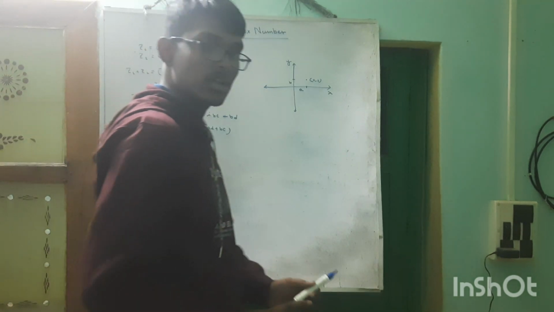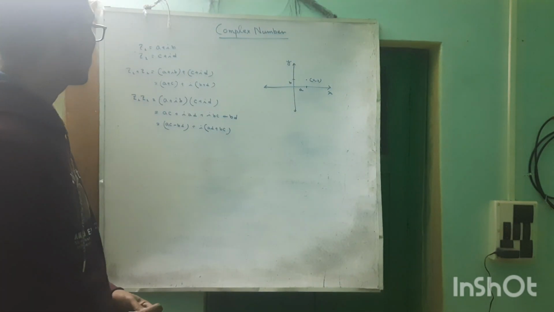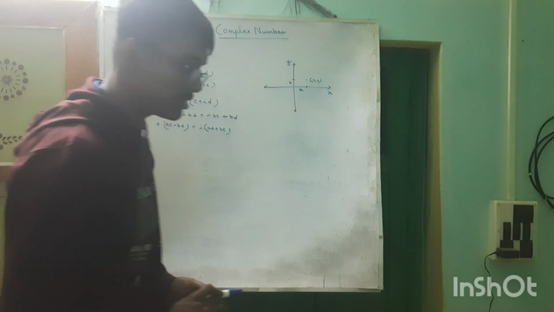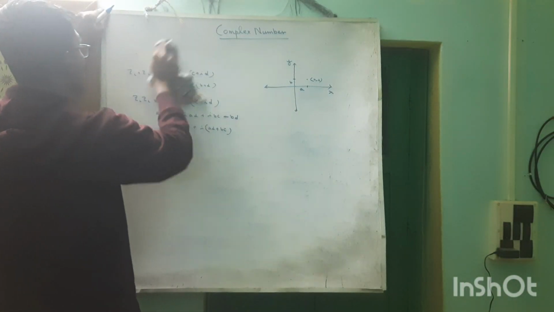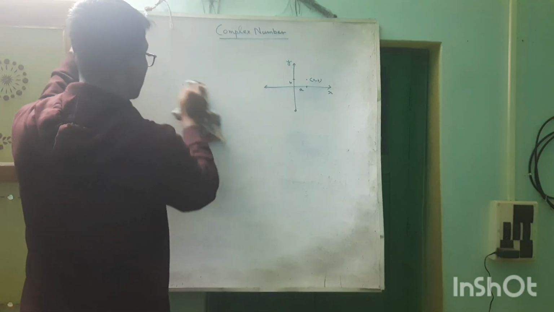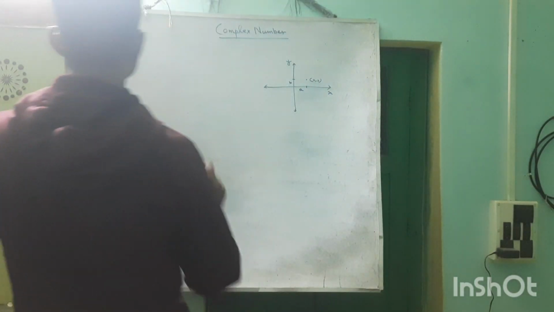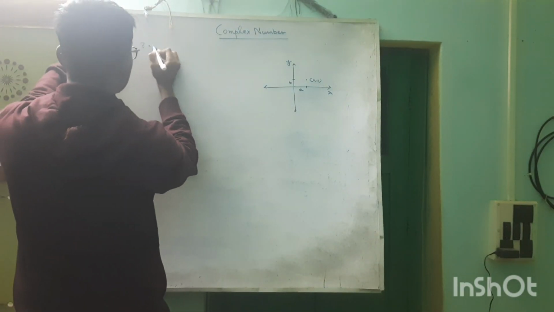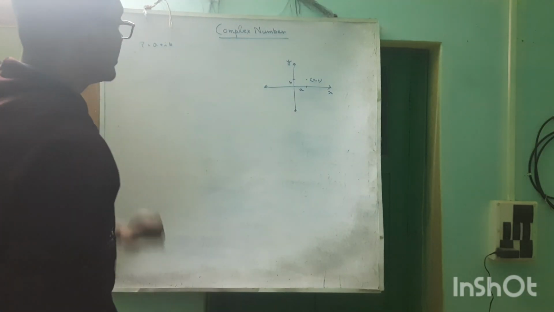So now coming to the next part, that is very important: modulus of a complex number and argument of a complex number. Okay. Suppose z is a complex number a plus ib. So what is the modulus of z?